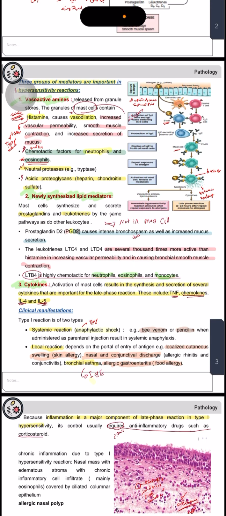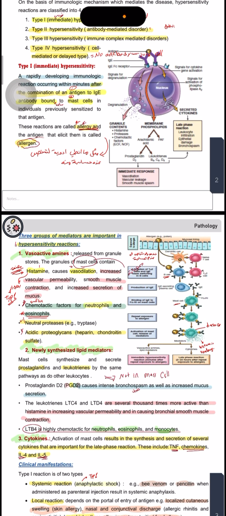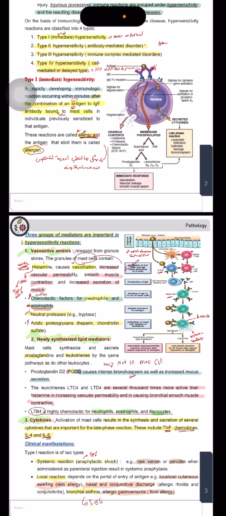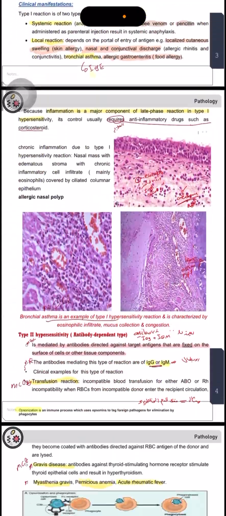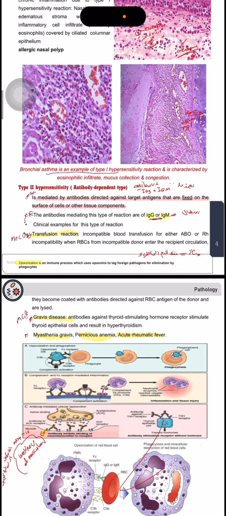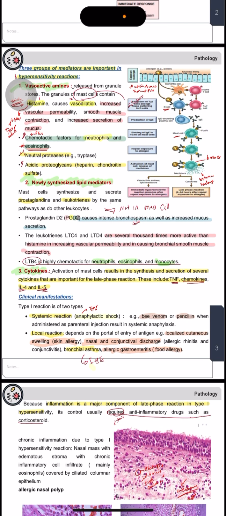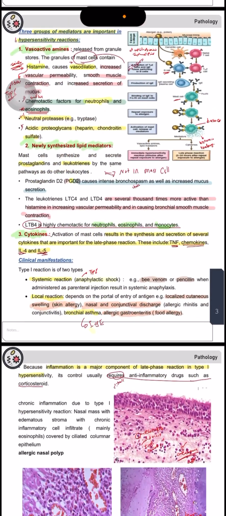In type 1, the antibody interacts with the antigen and causes release of mediators. In type 2 there will be coating and opsonization, while in type 1 there is no opsonization, just release of mediators.